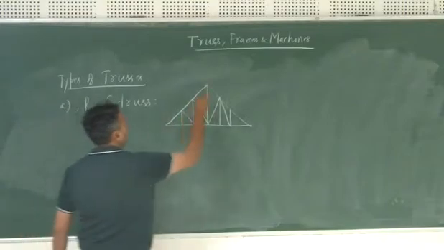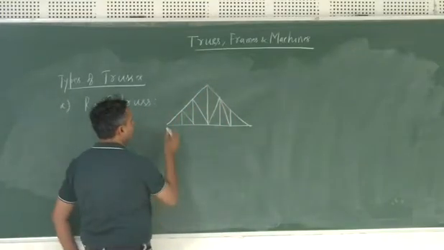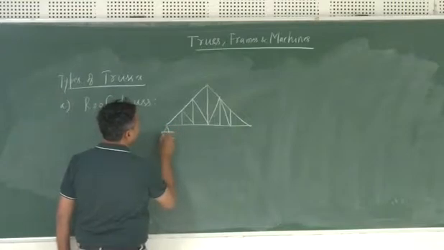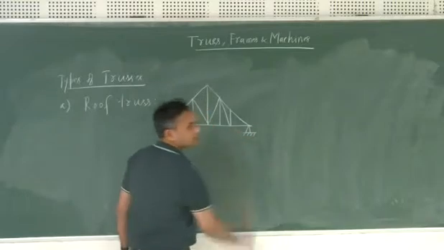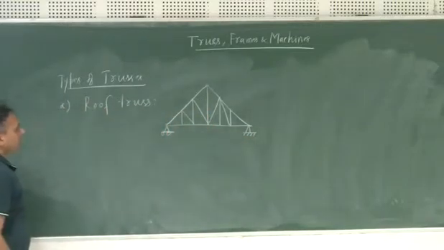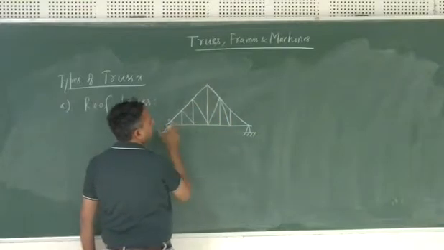So you can see this particular structure, and you can have a support here, and here. So you will have to design your truss such that you will have to support it.